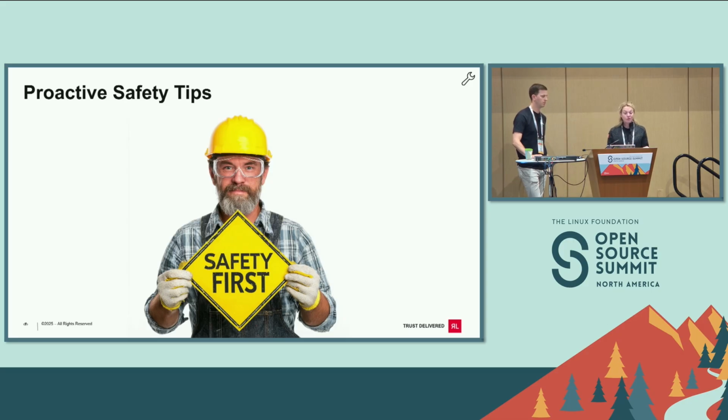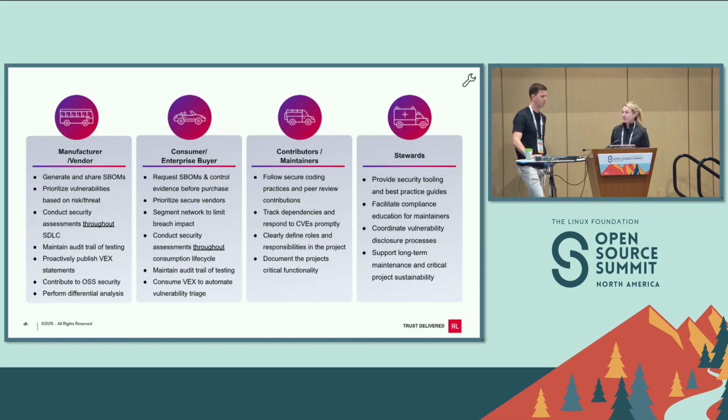Or maybe even enroll in defensive driving or embrace the DevSecOps culture. So here we put down some fast, hardcore proactive safety tips for folks when they're looking based off what role that you are.